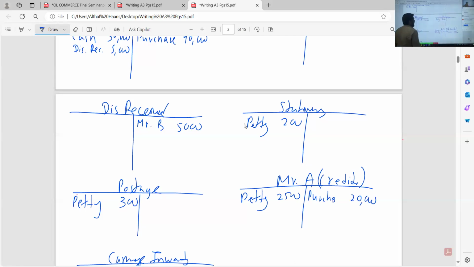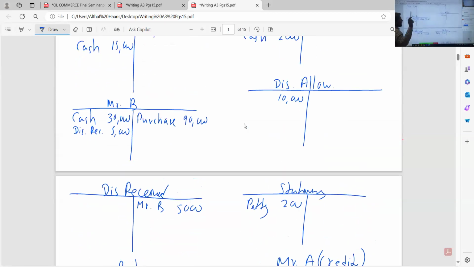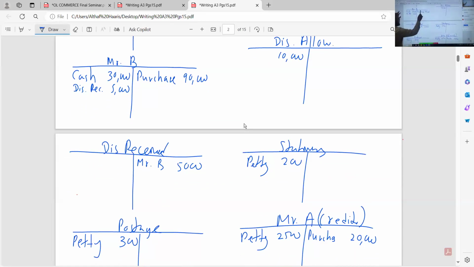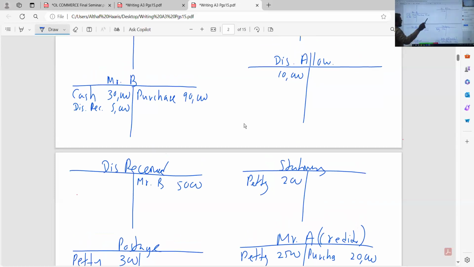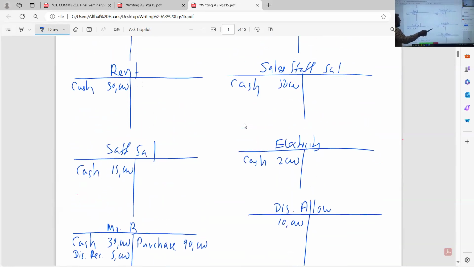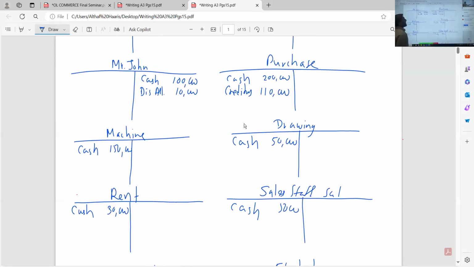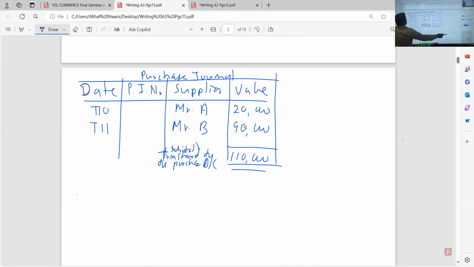Now you see people, credit 110,000. Where is the debit of that 110,000? It is there in the purchase account. Hurry. Next one. So that is also done, na?